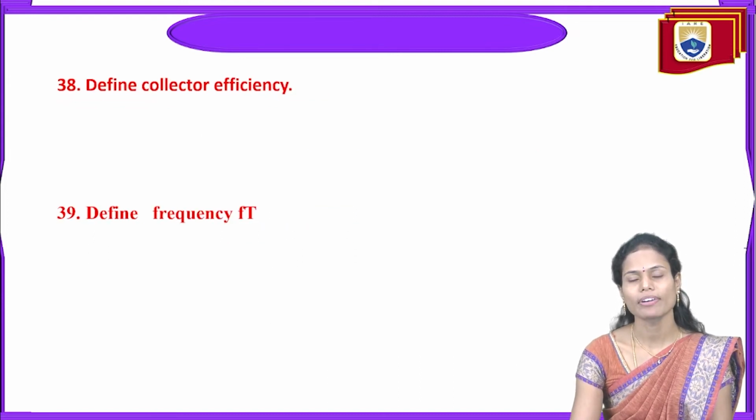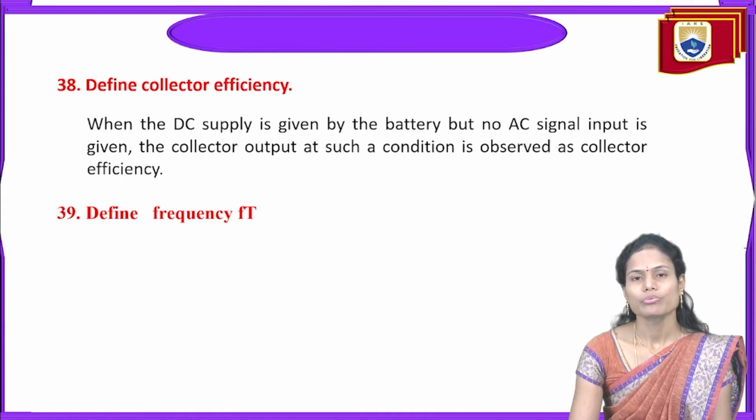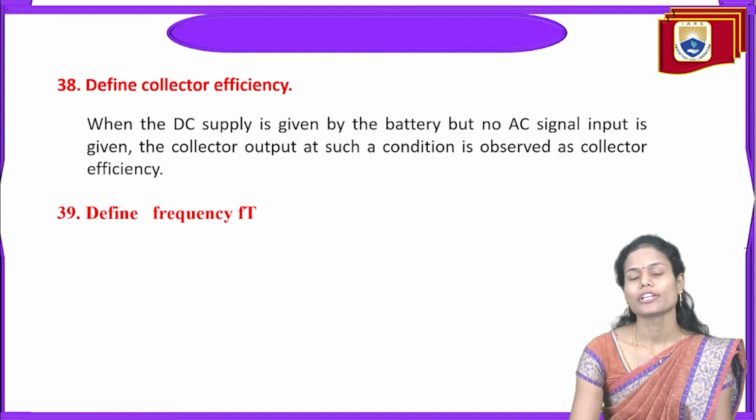And next, define collector efficiency. So the collector efficiency is when the DC supply is given by the battery, but no AC signal input is given to the amplifier. In that case, the collector output at that particular condition, we can say it as the collector efficiency.